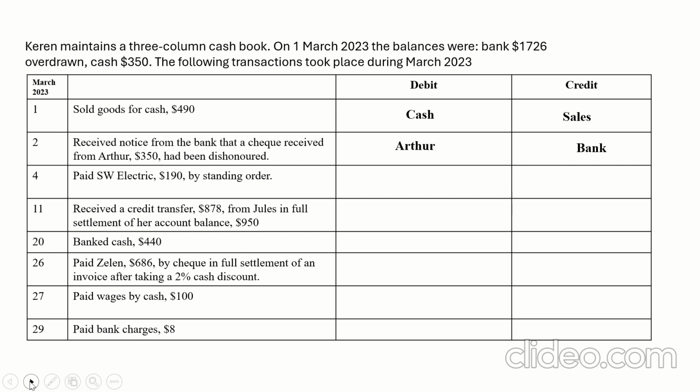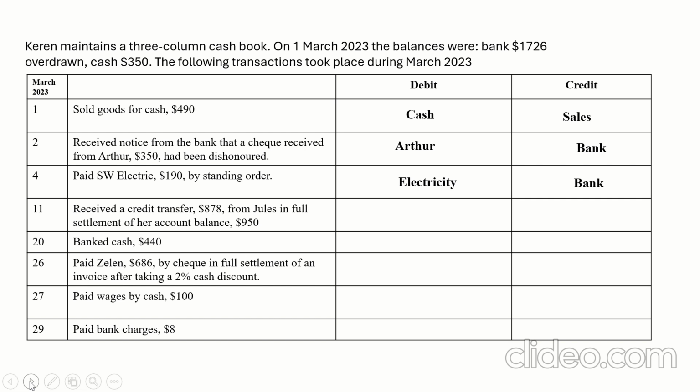On 4th, paid SW Electric 190 by standing order. SW Electric debit and credit bank since it's a standing order. 11th, received a credit transfer of 878 from Jules in full settlement of her account balance of 950.